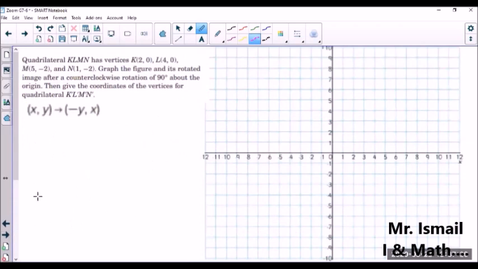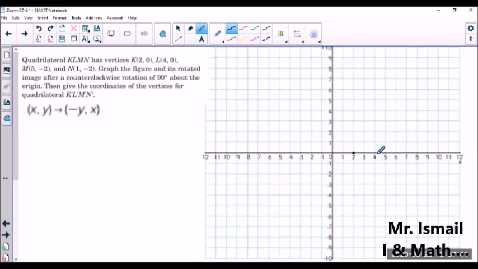I have this next one. I have this quadrilateral. Let's put the points. I put the point K at 2, 0.